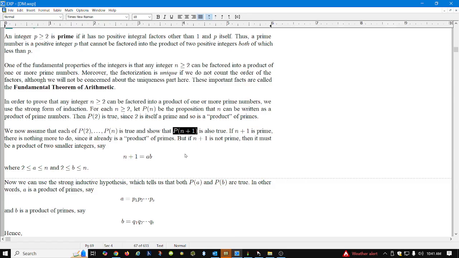Well, if n plus 1 is prime, we don't have anything we have to prove. We're done. If it's not prime, then it must be the product of two smaller positive integers. So say n plus 1 is the product a times b, and a and b both are in the range 2 to n.